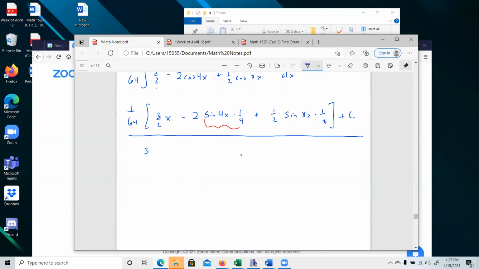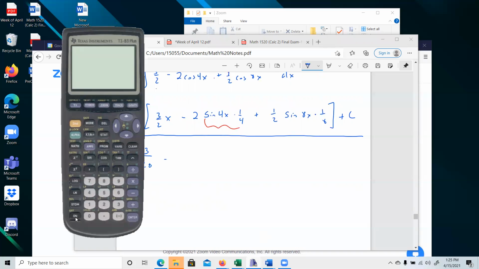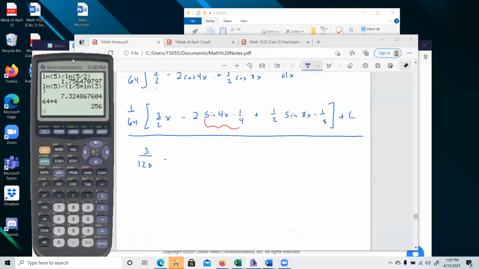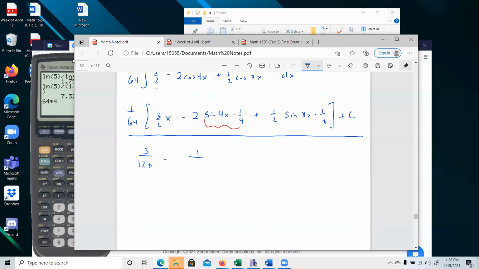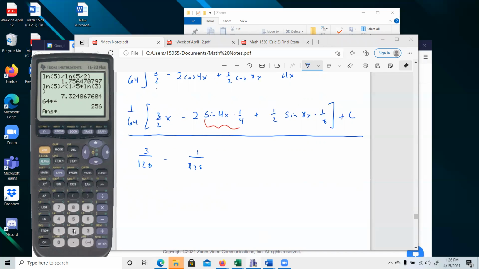So this is going to be 3 over 128, minus, what's 64 times 4, right? So that's on my bottom, but actually I'm going to cancel a 2 here, so this is going to be minus half of 256, which is 128 again, divided by 2.